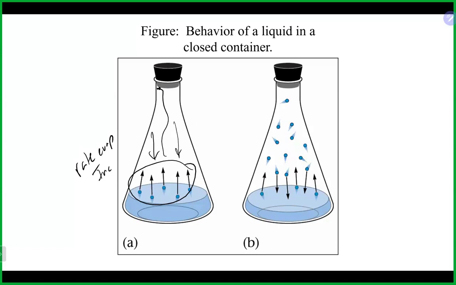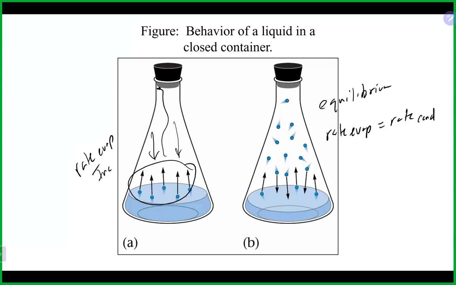You'll have molecules going out of the liquid and back into the liquid until it reaches equilibrium. What that means in this example is the rate of evaporation will equal the rate of condensation. Just as quickly as they hop out of the liquid, somebody will drop back into the liquid at the exact same rate.